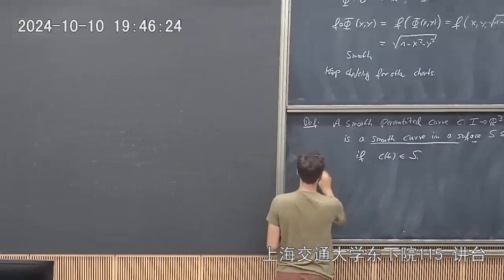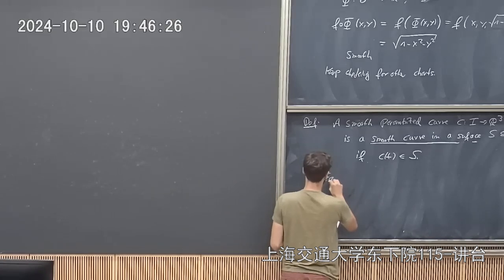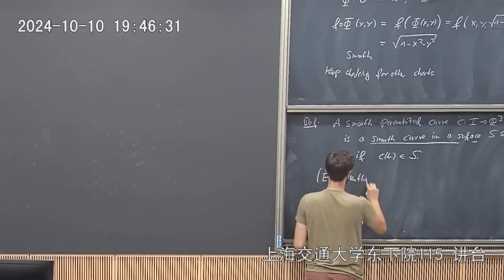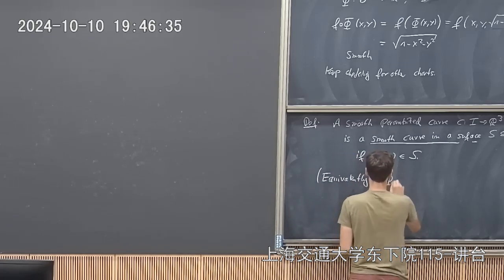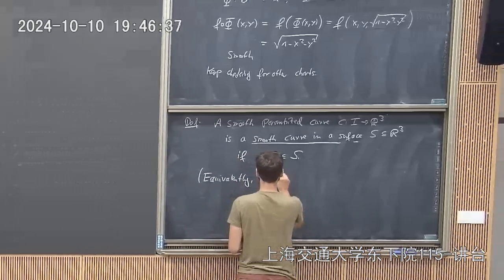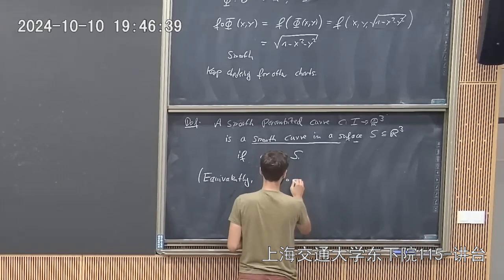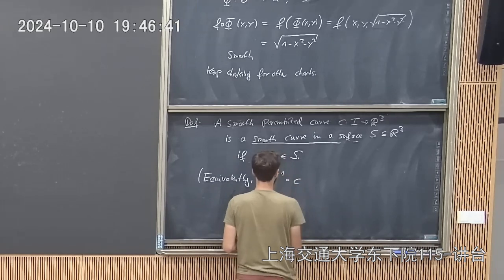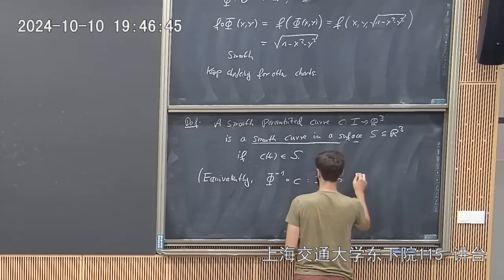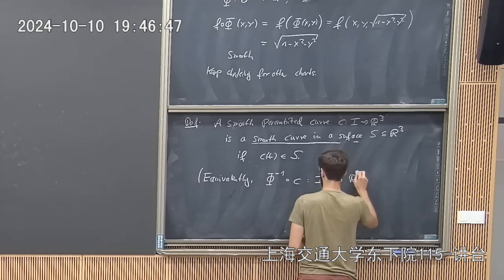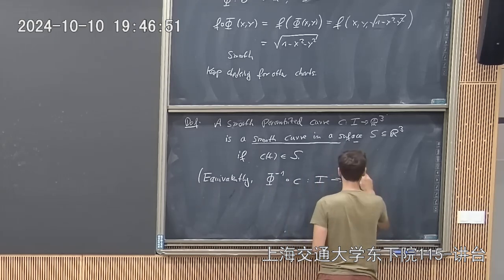And equivalent, but a bit harder to show, is that we can check it also with the charts, namely that the composition with the inverses, which are maps from I to R2.